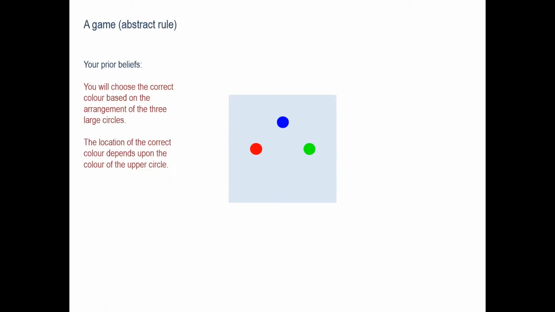And now, if the color blue designates, say, green as the correct one, the circle or the stimulus on the right-hand side, then I'm going to record the correct one for you and then keep a record of that, so you don't have to keep it in working memory, but you can just look at the previous data points and try and work out what the rule is.